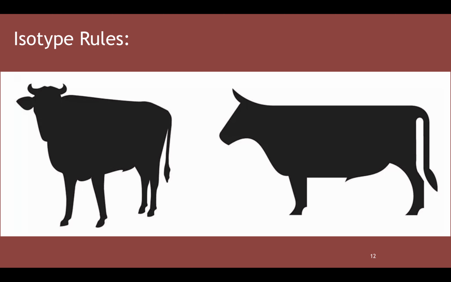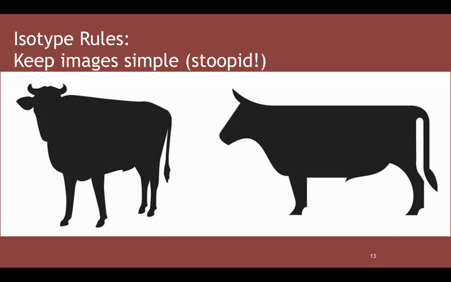I'll give you a couple of isotype rules and some questions to help move you along in your understanding of this new concept. Maybe you have some thoughts on the two images of a steer, one on the left, one on the right. Which one do you think might be better? One of the isotype rules is to keep images as simple as possible.